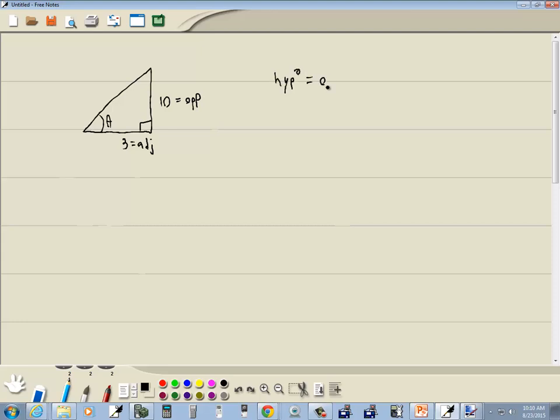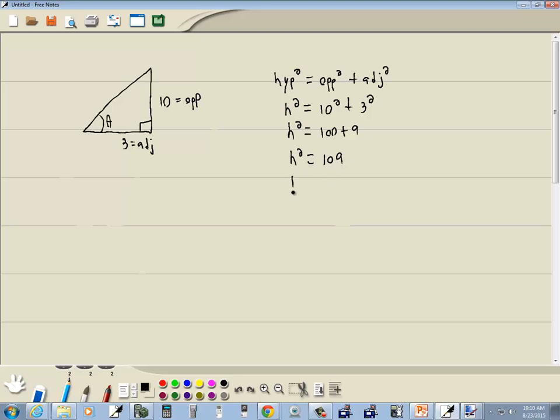Now the hypotenuse squared is going to equal opposite squared plus adjacent squared. Pythagorean Theorem. I'll just put an H for hypotenuse just so it's easier to work with. Opposite we said was 10, so we're going to have 10 squared plus adjacent, which is 3, so we'll have 3 squared. So we got H squared is equal to 100 plus 9, or H squared is equal to 109.